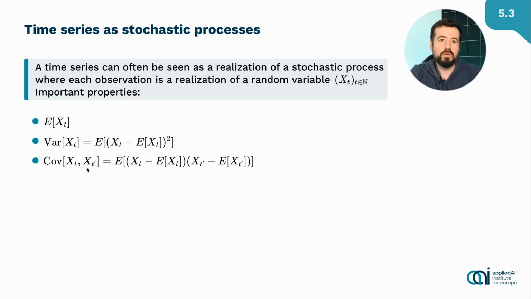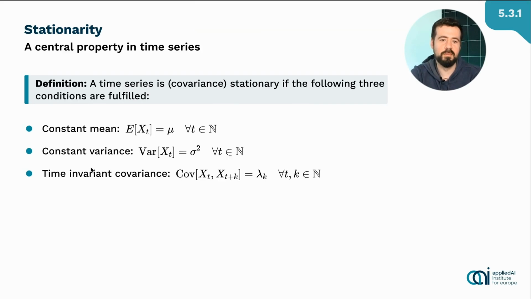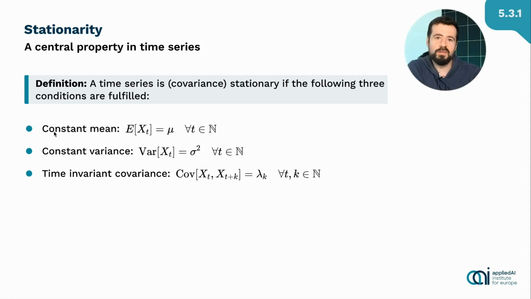A very important concept in time series is the so-called stationarity, which tells us that these three quantities of interest are basically constant, meaning that we have a constant mean at every point in time t. We see that the variable x_t has a mean mu. Also, the variance is supposed to be constant here, meaning that for all points in time t, the variance of x_t is sigma squared for some fixed sigma.